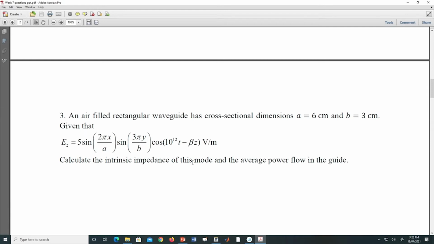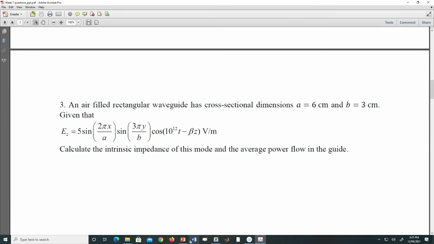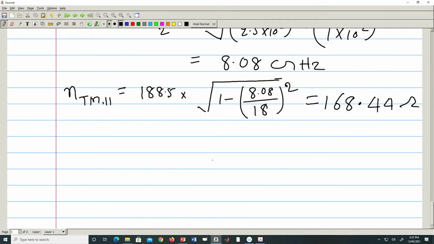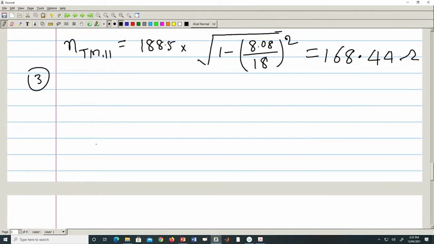For the third problem, a standard equation we know: E z is defined as E naught sin of m pi x by a into sin of n pi y by b e to the power minus gamma z.